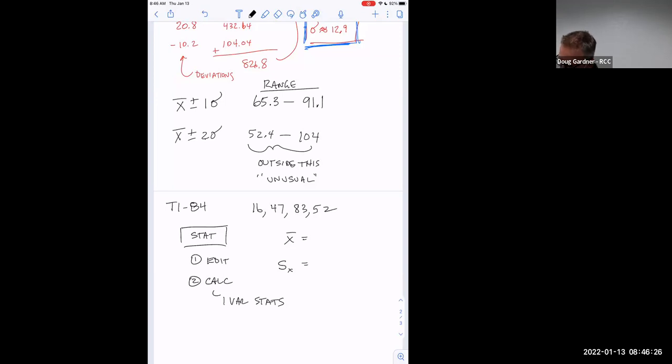Second quit. I might write that in here. Second quit. And then back to stat again. Except this time, one variable stats. I got 49.5, and I got approximately 27.4.